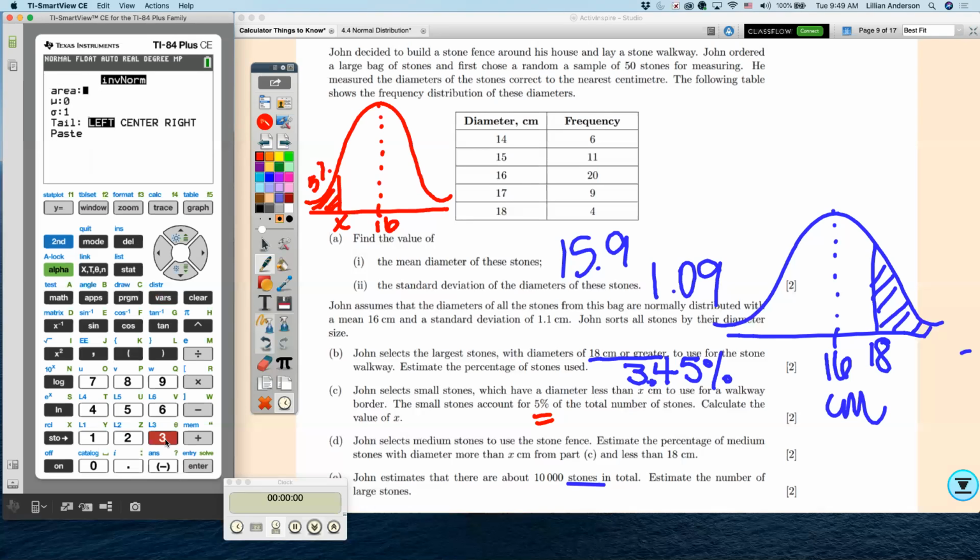So you go to option 3. You type in the area. Now, if your calculator does not have left, right, and center, you always do the area that's to the left of that line. If your calculator does not say tail, you always do the probability to the left of that line, because that's all the calculator can do.